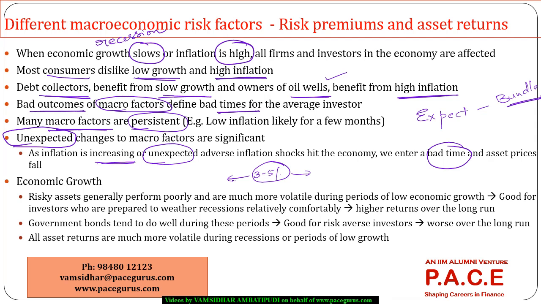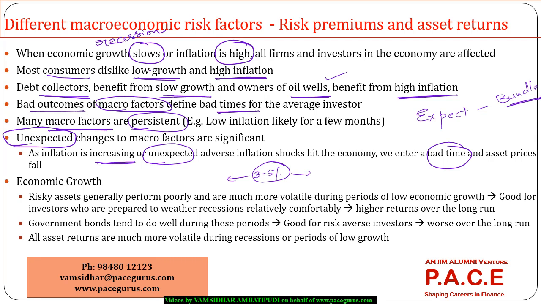So as long as things are expected, fair enough, enough care might have been taken to address them, but only when it turns into an unexpected shock is when the bad time starts, and asset prices fall.